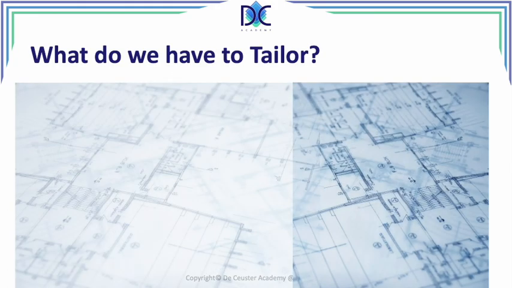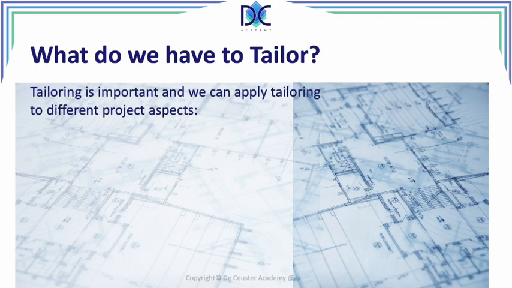So let's have a look at what we have to tailor. What are the things we have to apply tailoring to? It's very important to tailor because it will help us to have a better organization of the project and reduce non-value added work. What are the different aspects we can consider? First of all, we can look at the life cycle and the development approach selection.